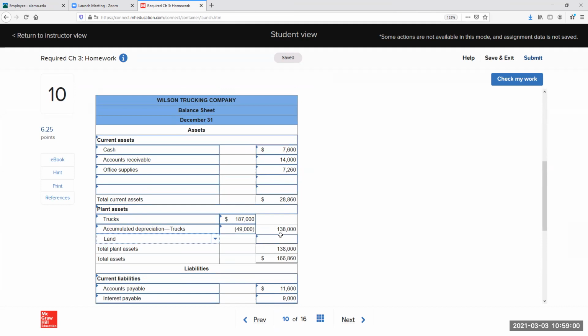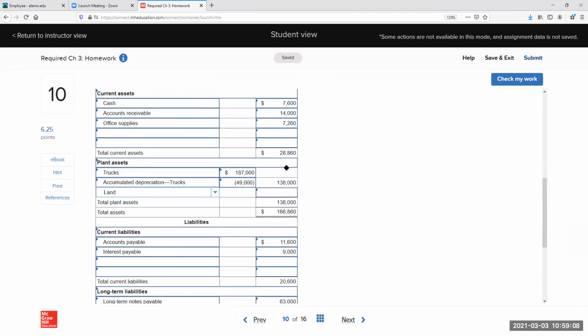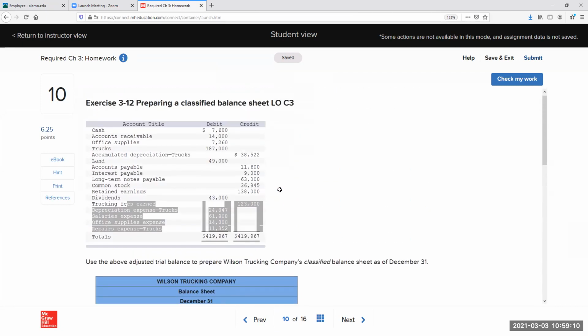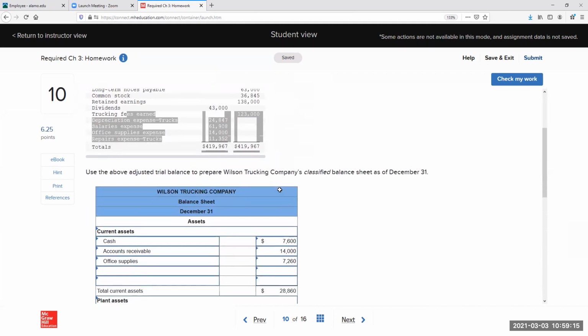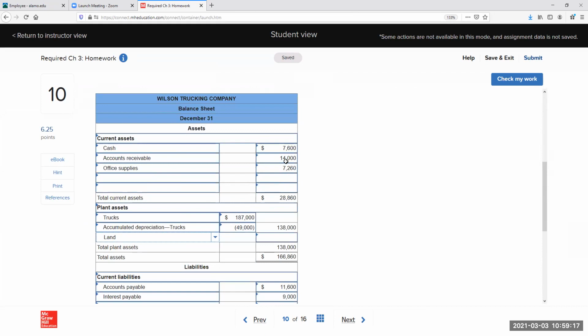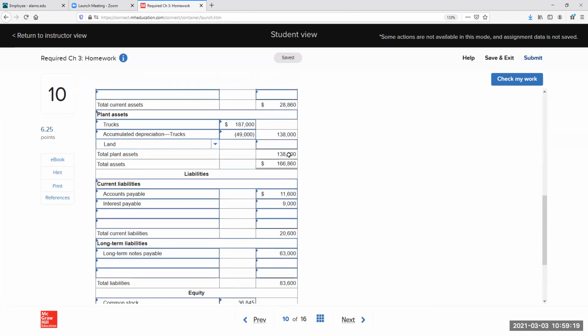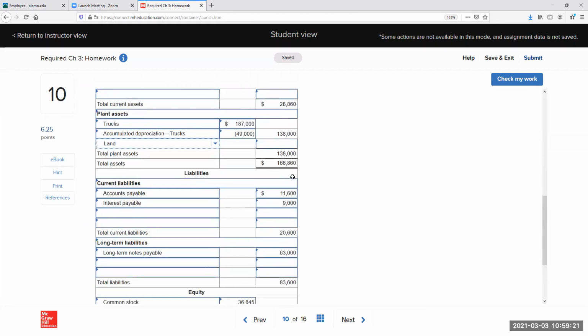Okay. All right. That adds up to 138. 140, 70, 187, and 138 and 28 is 66. Now, do I put the right amount of assets? 76, 14, 42, that's 28. And 138, 30, 40, 50, 66.